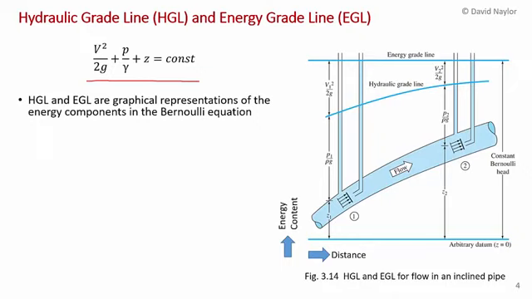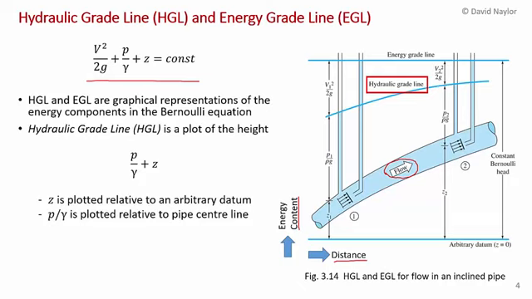As I mentioned in the introduction, hydraulic grade line and energy grade line are graphical representations of the energy components of the Bernoulli equation. And so here on the right-hand side, what we're looking at is flow in a pipe. What we're plotting on the horizontal axis is the distance along the pipe, and the vertical axis is the head, or the energy content of the flow per unit weight.